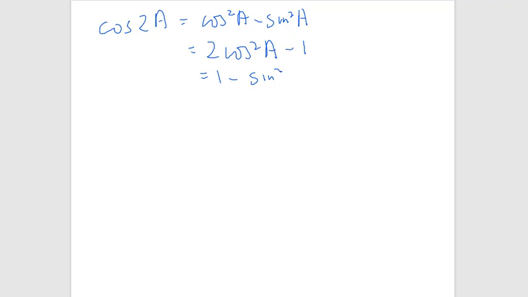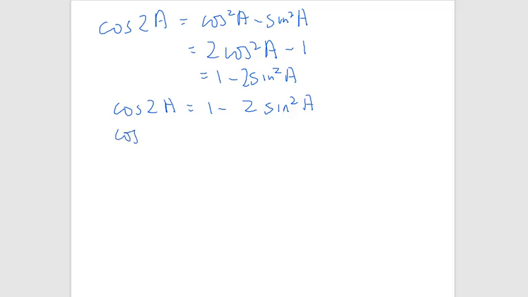For cosine 2a, there are 3 formulas: cosine squared a minus sine squared a, 2 cosine squared a minus 1, and 1 minus 2 sine squared a. We look at the third one, cosine 2a is 1 minus 2 sine squared a.